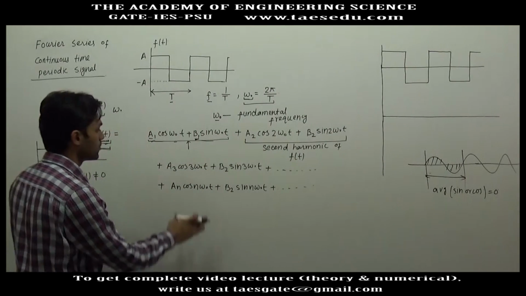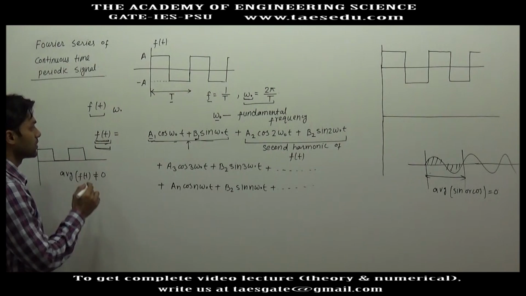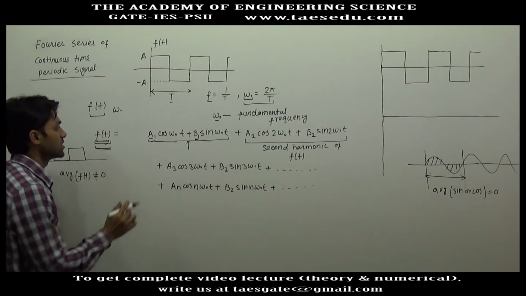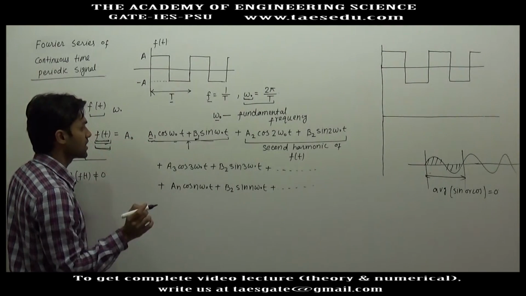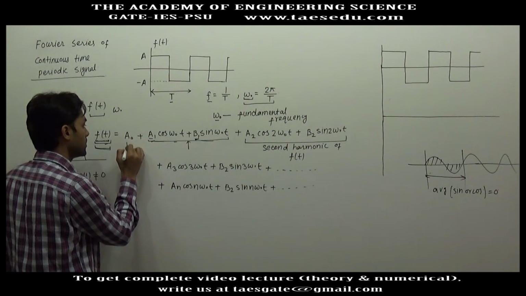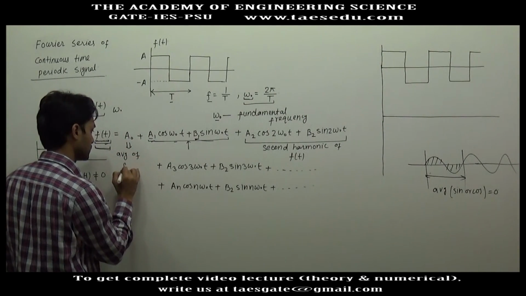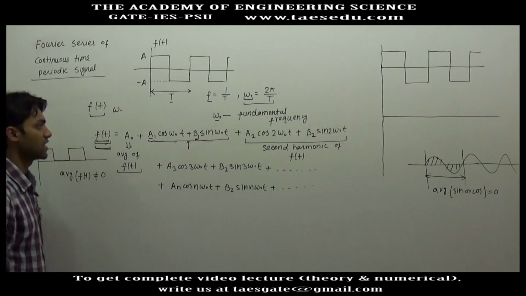So if you take the average of this signal you will always get 0, while the average of f(t) may not be equal to 0. So in this representation we add one more term, which is not a sinusoidal signal, and this is the average of f(t). So this is the complete Fourier series representation in the form of sine and cos.